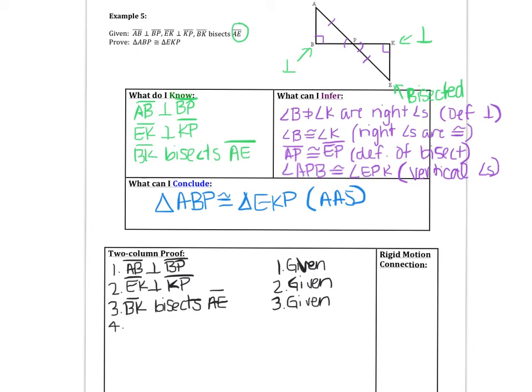So my inferences were that angle B and angle K are right angles, and I used the definition of perpendicular. I said that angle B is congruent to angle K, and I knew that because right angles are congruent.